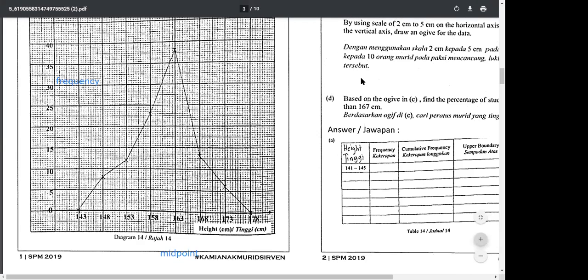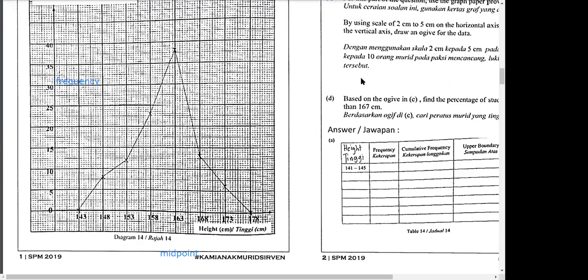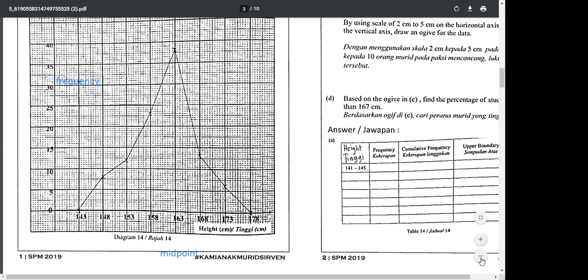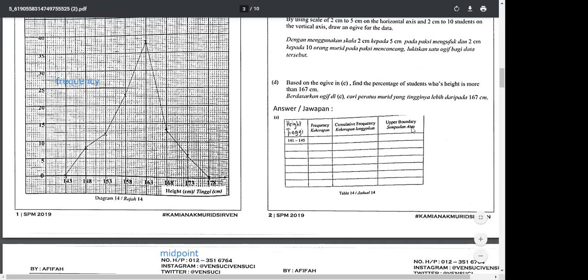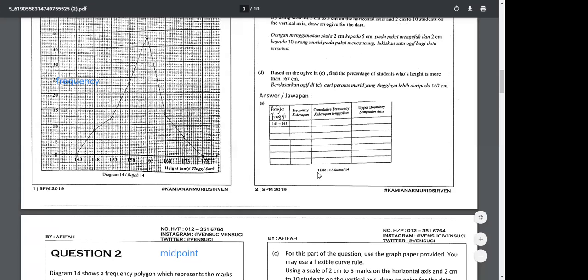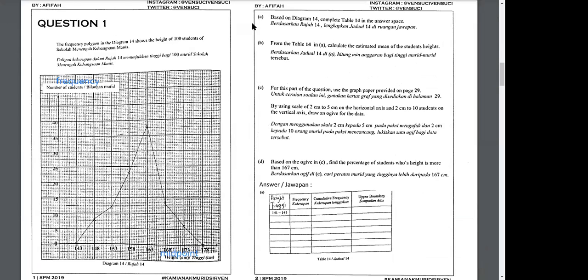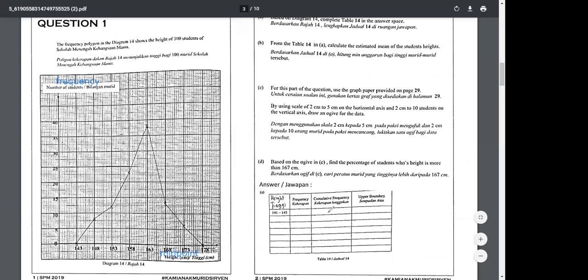So now we go into cumulative frequency. Cumulative frequency is just like the sum of all the frequency. For example, the first one, we just start from the first one, because we don't have the second one, third one to add together. So usually the first one must be 0 because the frequency is usually nothing.